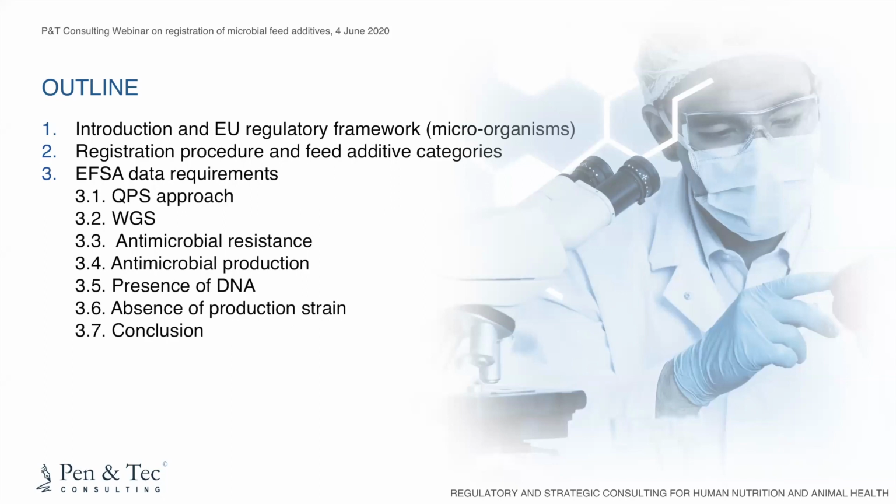The whole genome sequencing plays a very important role in the strain identity and in the analysis of sequences of potential concern. We will also go through the requirements related to the antimicrobial resistance and antimicrobial production. Finally, for fermentation products, we will cover the possible carryover of either DNA or of the production strain to the final product.